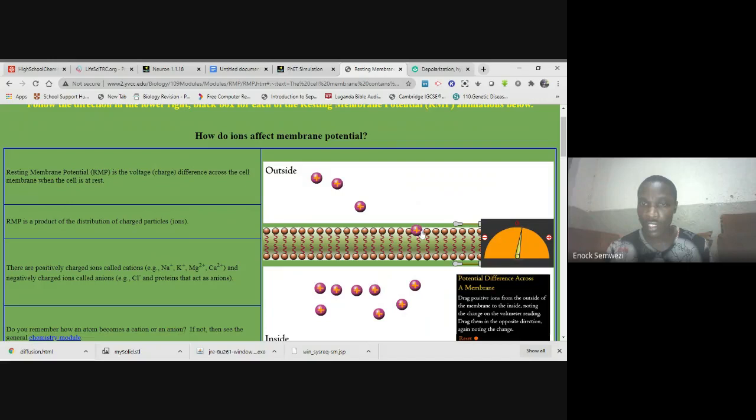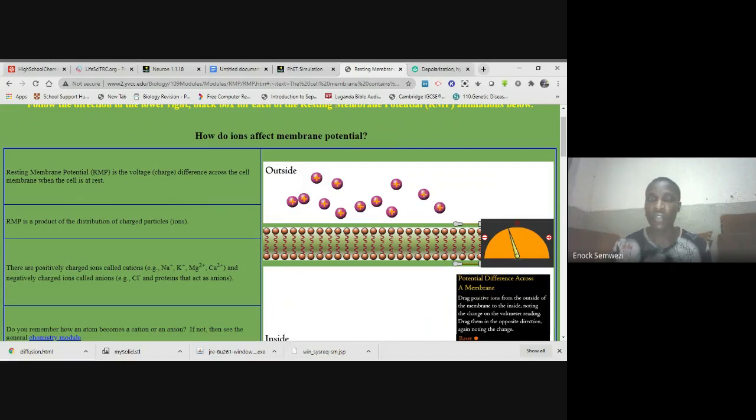I guess you can see. So when more positive ions move outside, the potential difference across the membrane becomes more negative. That is a key point which I want us all to get to know.